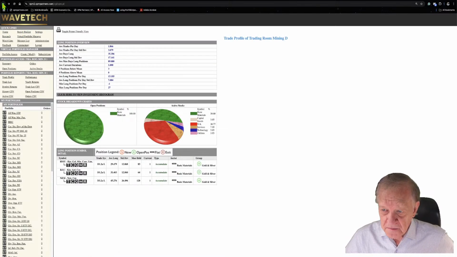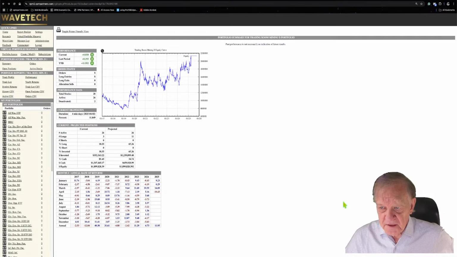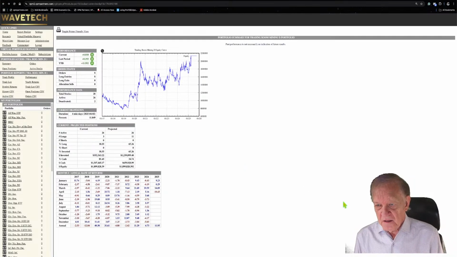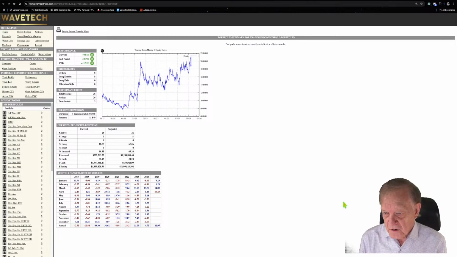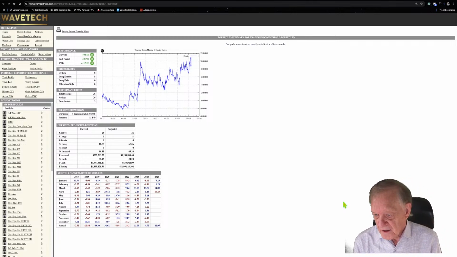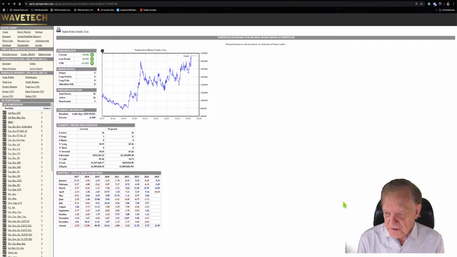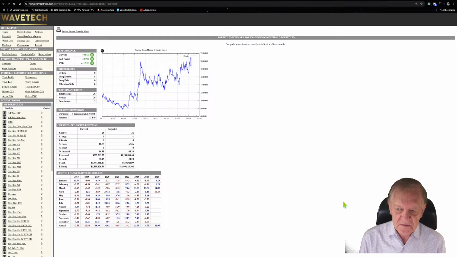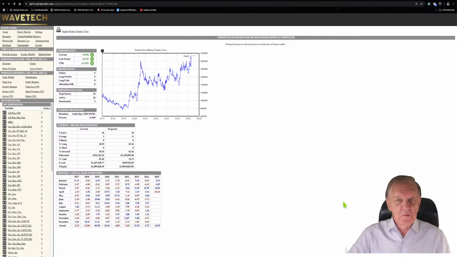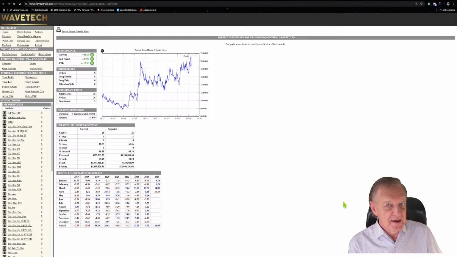So let me go back here. But it is kind of interesting that there were 8 orders for today, some buys, some sells, and we're looking at 26 symbols, so there were 8 new buys for this morning's opening. This gives you the orders the day before you're supposed to buy, not the day you're supposed to buy.